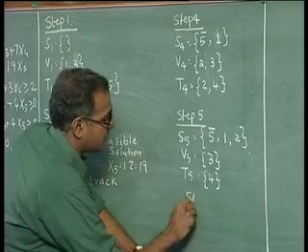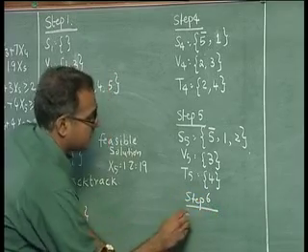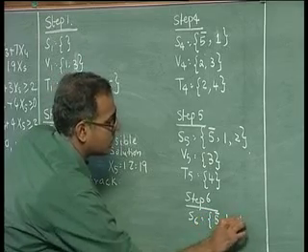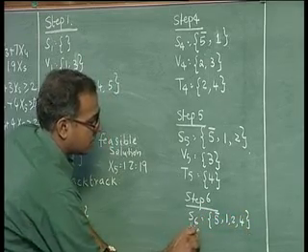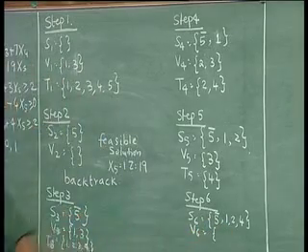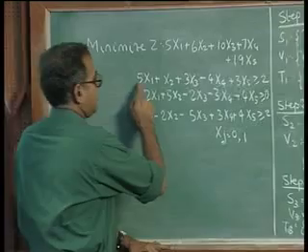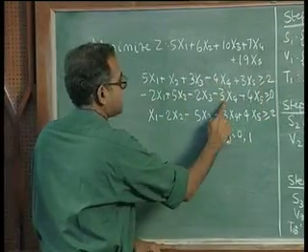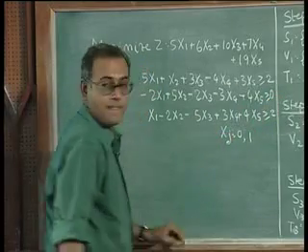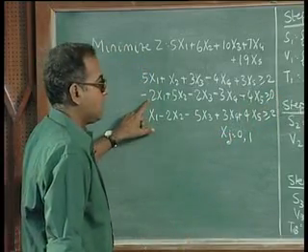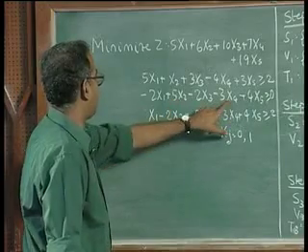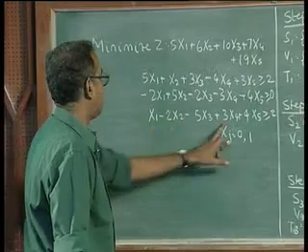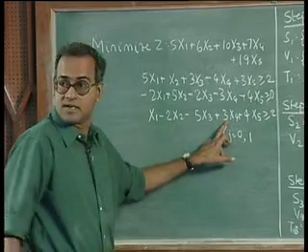So, step 6 will be S6 equal to 5 bar, 1, 2 and 4. V6: now, with 1, 2 and 4, 6 minus 4, 2, is satisfied, 3 minus 3, 0, is satisfied, correct. 1, 2 and 4 is satisfied, 1, 2 and 4 is satisfied, 1, 2 and 4 is also satisfied.